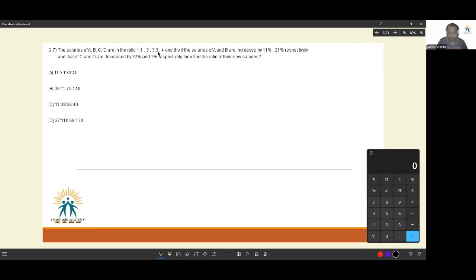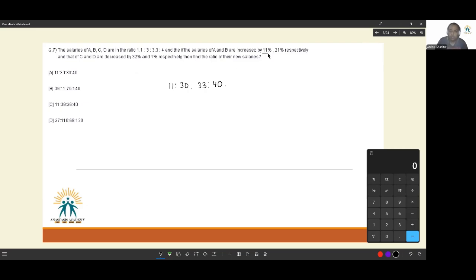Let's first write this ratio in the proper form. It will be 11 is to 30 is to 33 is to 40.